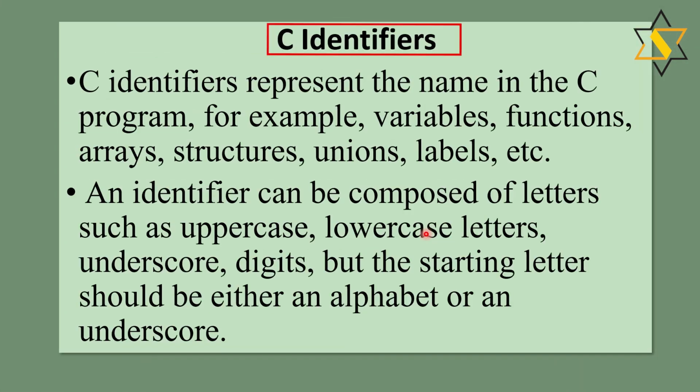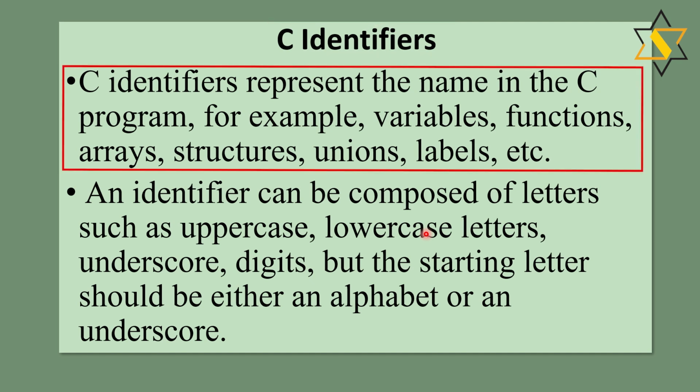Now, the next topic is C identifiers. Identifiers are how you define your variables. For example, if I want to define my user variable, int a or int abc, or a variable for calculating a number, int number.